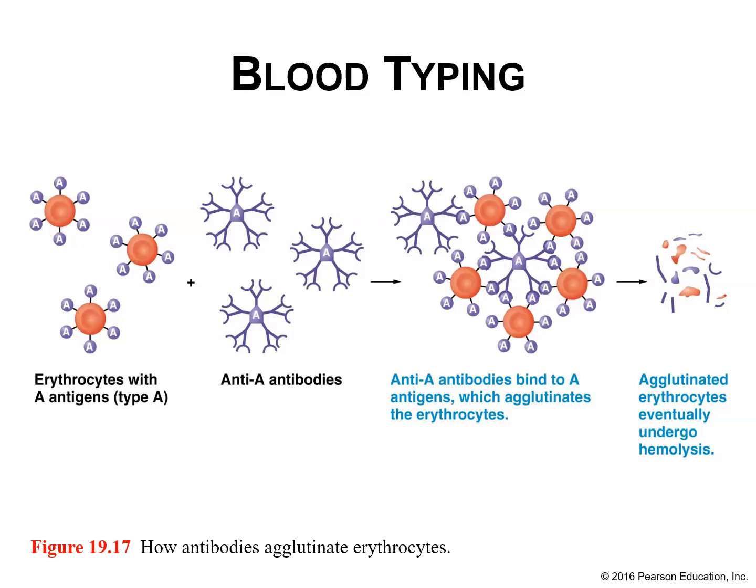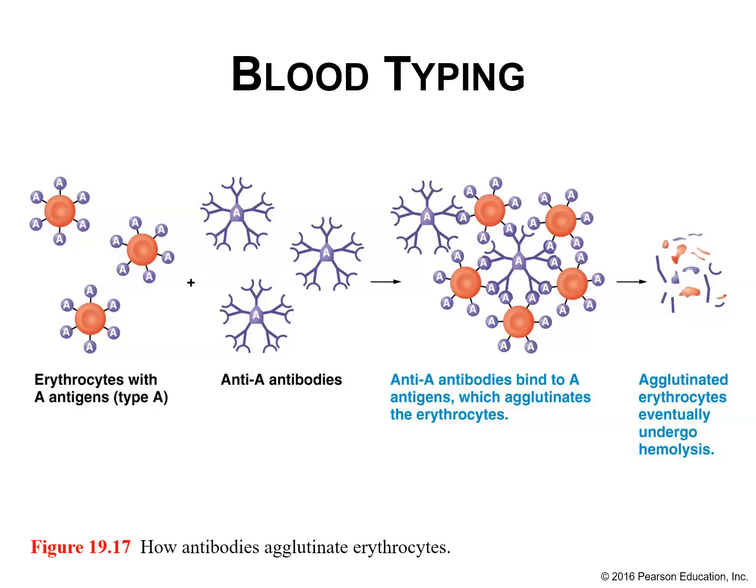So here's an erythrocyte that has A antigens, as you can see by these little purple or white letter A's in the circle. Okay, those are the A antigens. So this person has A blood. And then the antibodies, these are called anti-A antibodies. Antibodies are Y-shaped molecules, like you see here.